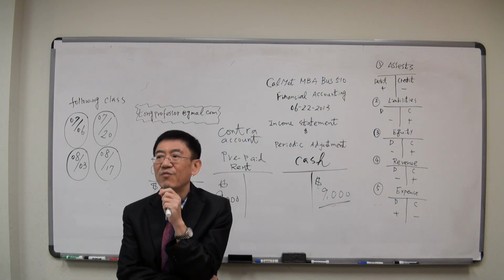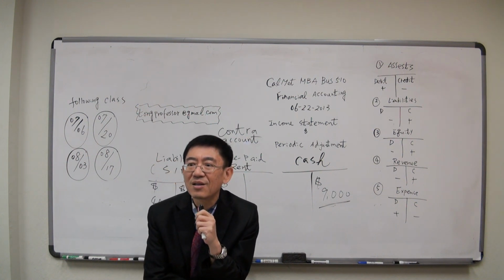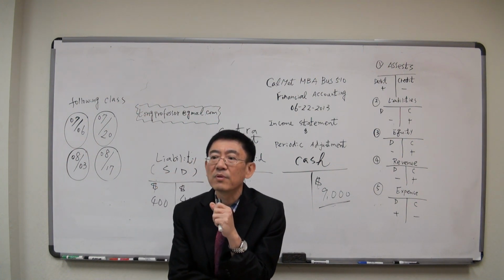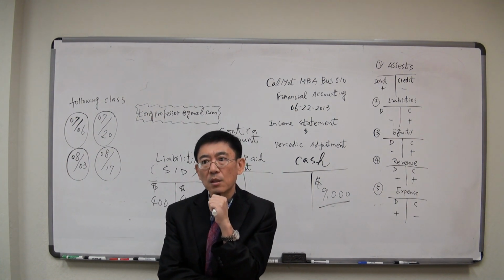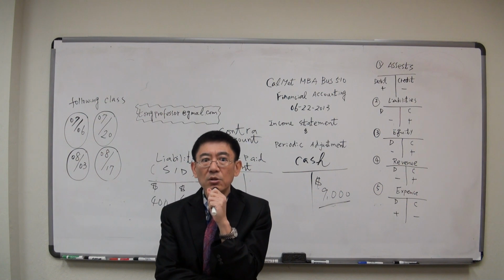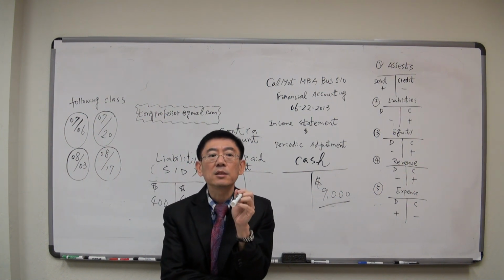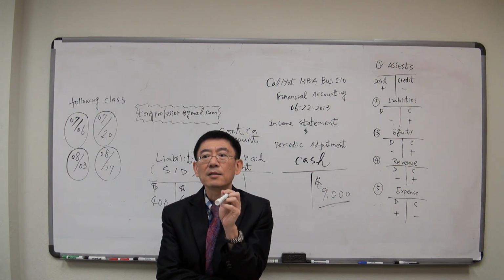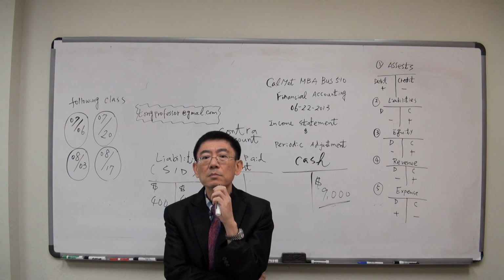So here you see a very interesting transaction: those 2 items are both under the assets category. One asset increases, the other asset decreases. So far so good.